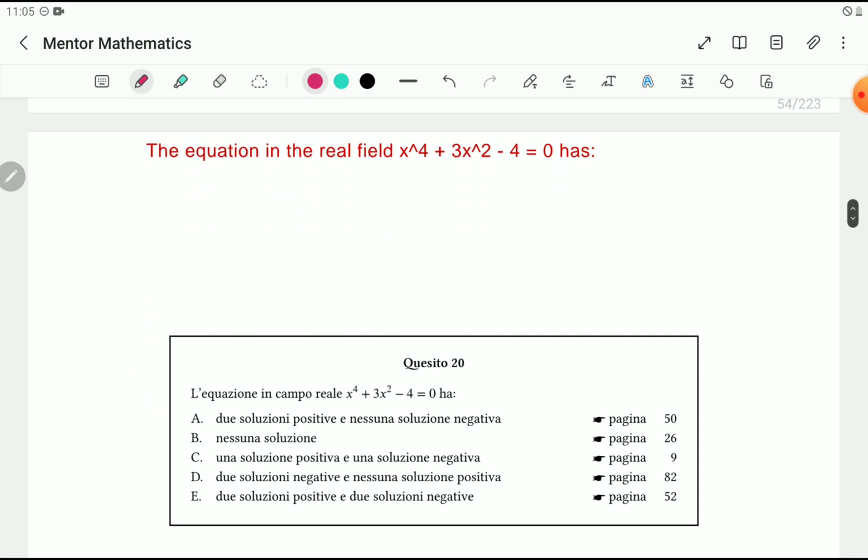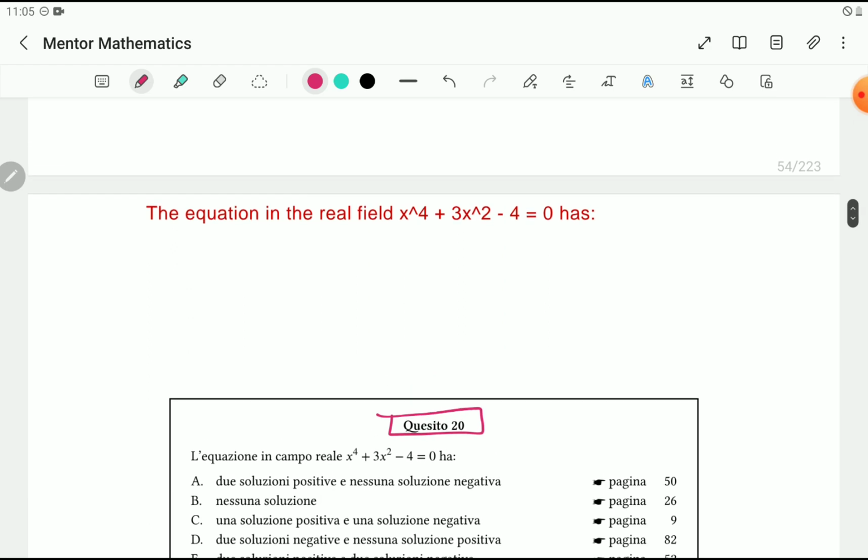This is our final problem. Quesito 20. Sorry, quesito, not questo.